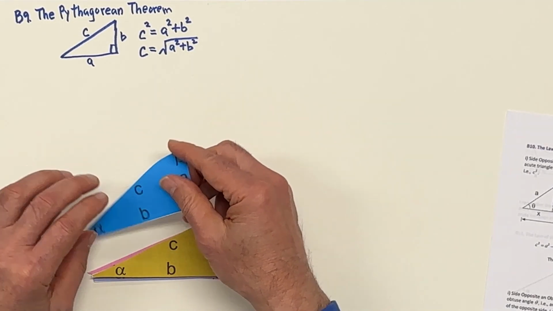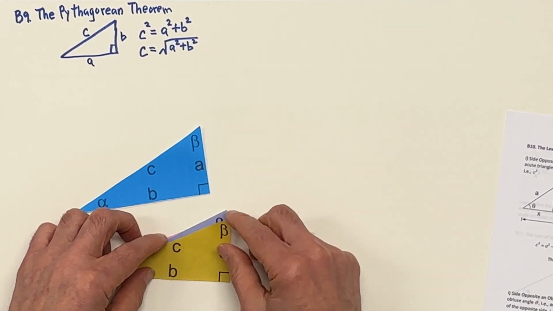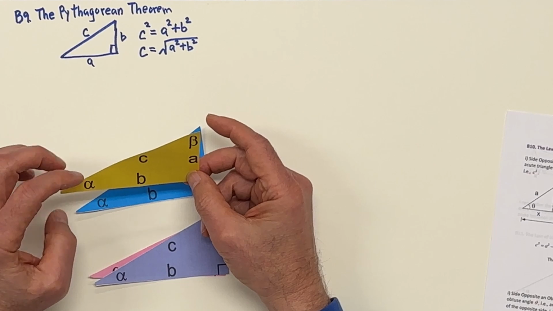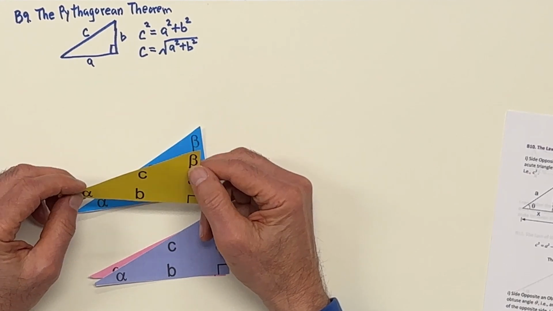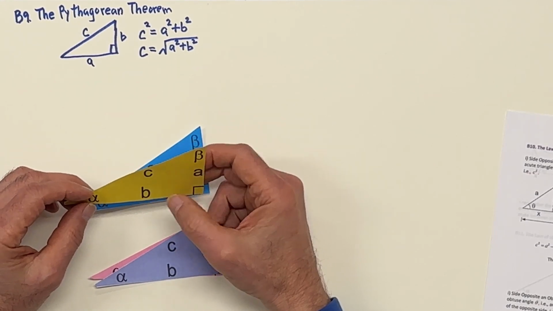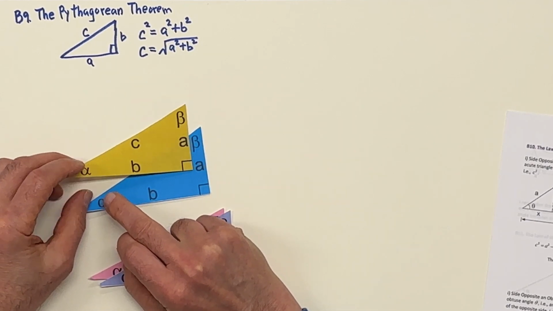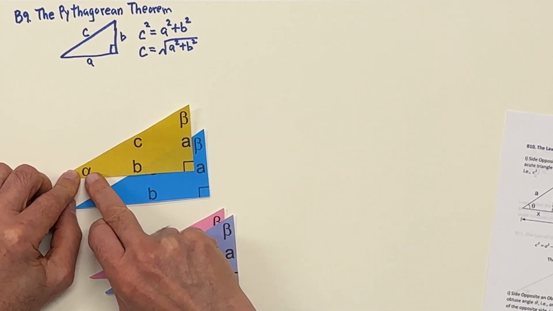And you have a right angle at 90 degrees, and then you have angle alpha and angle beta. I put A and B opposite their respective angles, Greek letter.